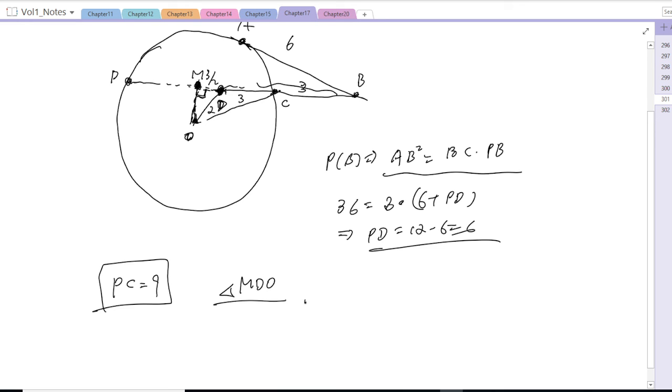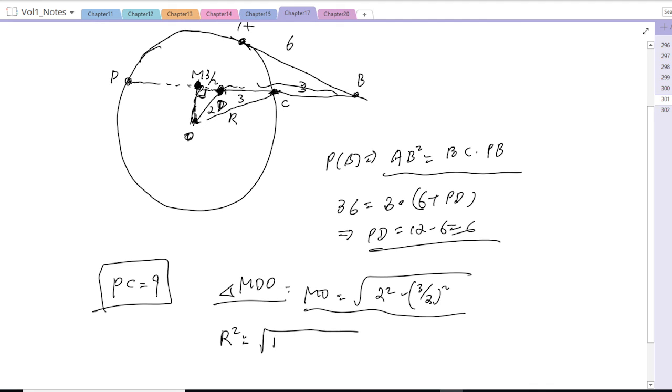So we can see MO is equal to 2 squared minus 3 over 2 squared, right? And once you solve MO, the other right triangle is MCO, right? So now you see R squared will be equal to MO squared plus 9 over 2 squared. Okay, so I leave all the calculation to you guys. It's root 22.